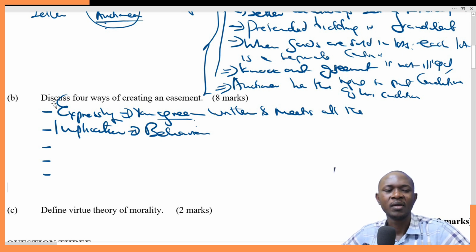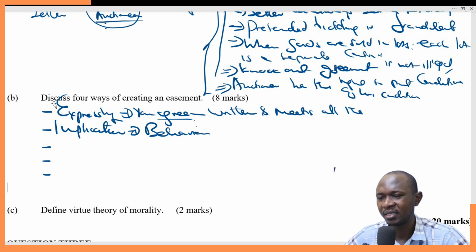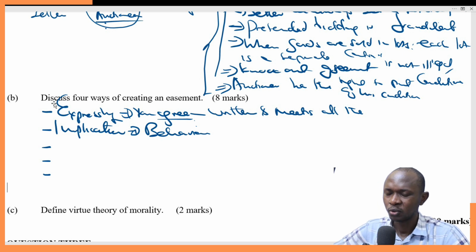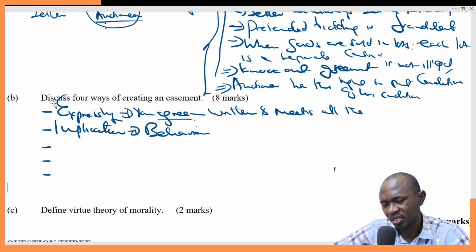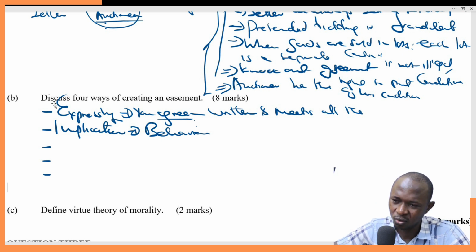So if you've let somebody continue doing something on your piece of land for a considerable period of time without you stopping them, then you can simply say that you have created an easement by implication.